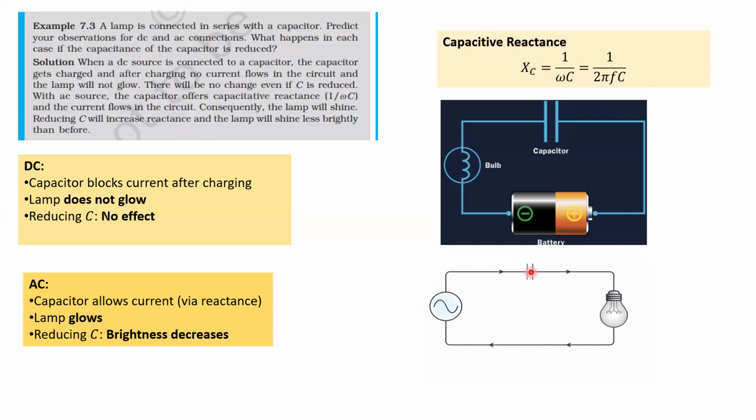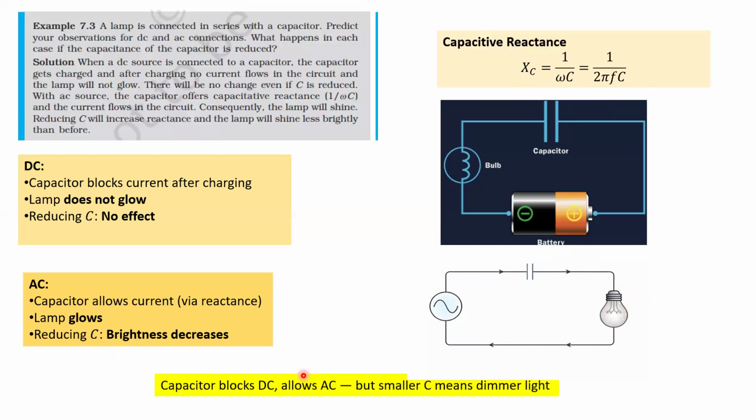So, opposition increases, flow of current decreases, the intensity of the bulb decreases. So, brightness decreases. So, we can finalize: capacitor blocks direct current and allows alternating current. This point is very important. Capacitor hates DC but loves AC.